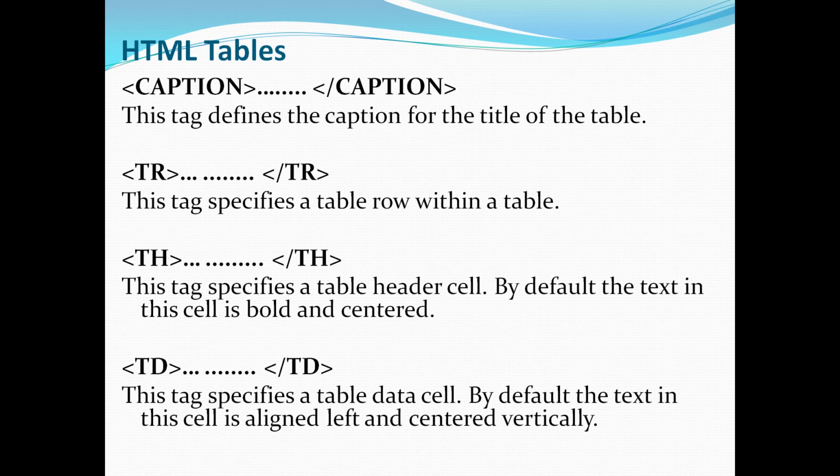The next one is the TH tag. TH means it is a table header. It specifies the table header. By default, the text displays in bold and centered. For example, if you are going to display table data, there is the caption tag and the table header tag. Caption tag means a caption will be displayed for the entire table. It is the title of the table. But the table header, the TH tag, gives the column headings. If there are 5 columns, you can give 5 column headings.